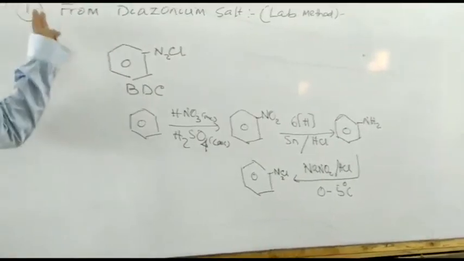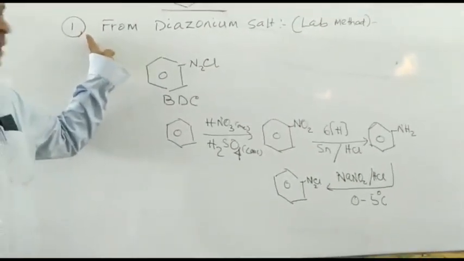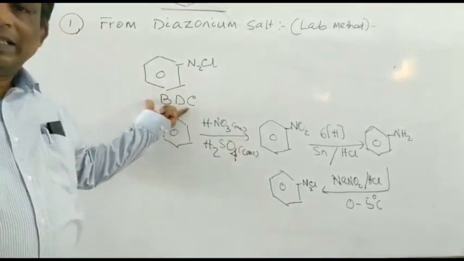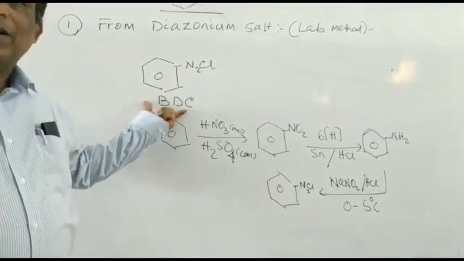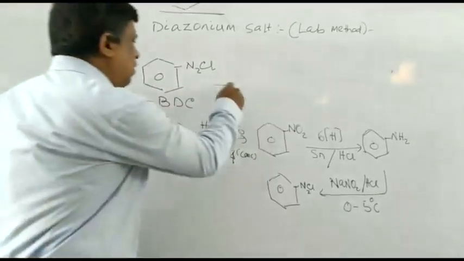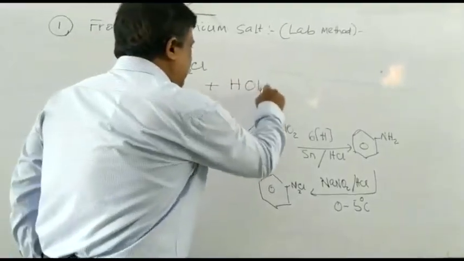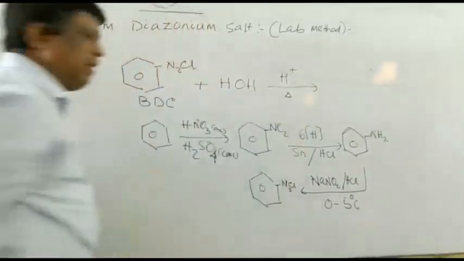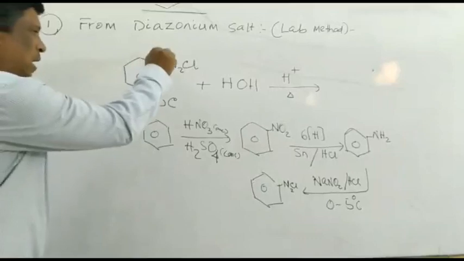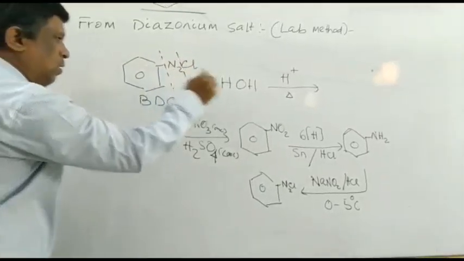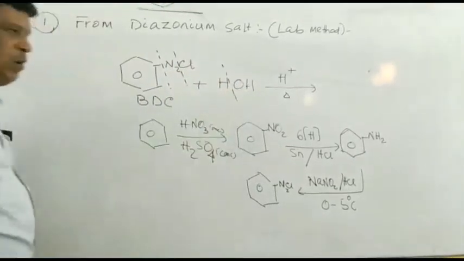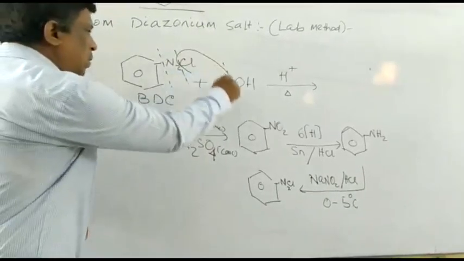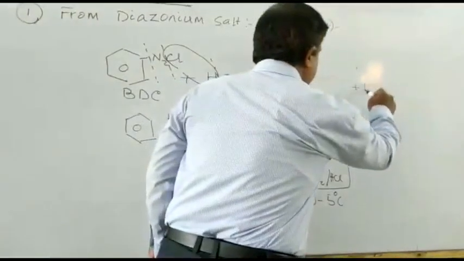In this way, we prepare benzene diazonium chloride. So now come to the point, method of preparation. First method, that is diazonium salt. When benzene diazonium chloride undergoes hydrolysis, hydrolysis means add water, I rewrite as HOH, in acid medium upon heating, what happened? Mark that there is a cleavage of this bond. This H combined with this Cl to form HCl.